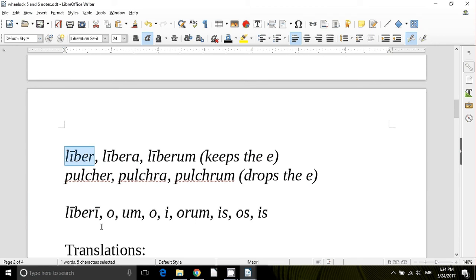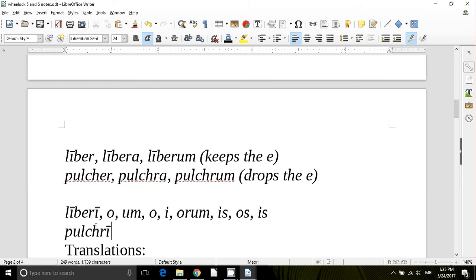It's just liber, and that one keeps the e. Pulcher drops the e from all those other forms. So pulcher in the genitive singular is pulchri. Okay, so take a look at those on page 42.